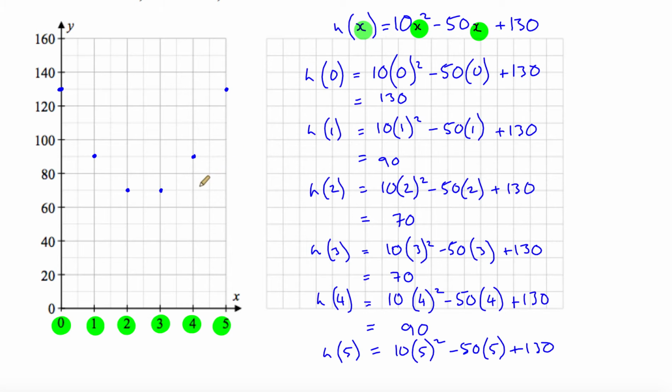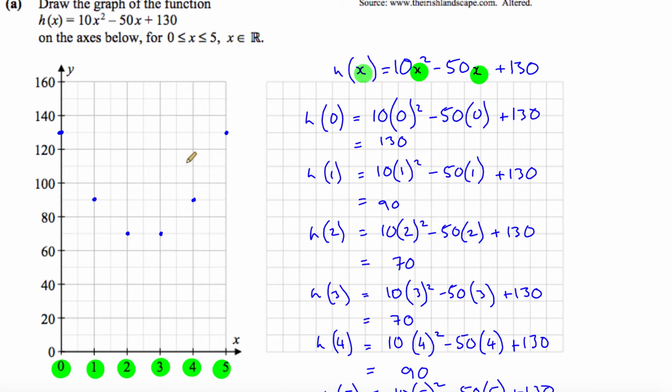So that's our points plotted, and now all we need to do is, as per the question, draw the graph. So we're going to join these points with a smooth quadratic curve or a smooth parabola, as smooth as possible. Something like that.